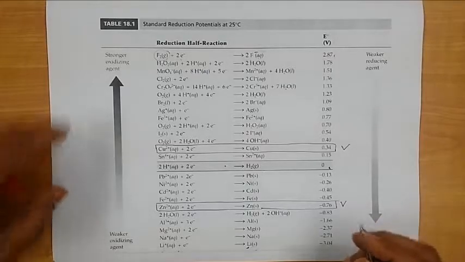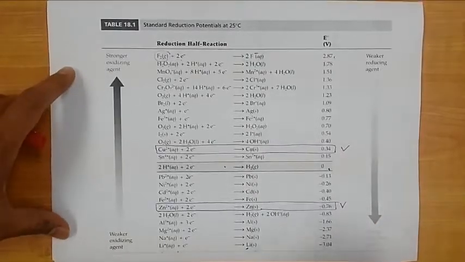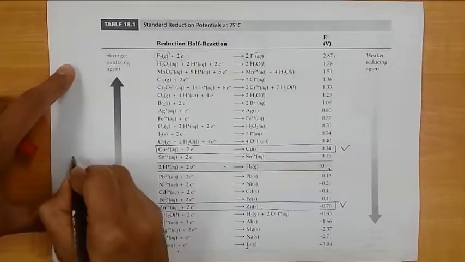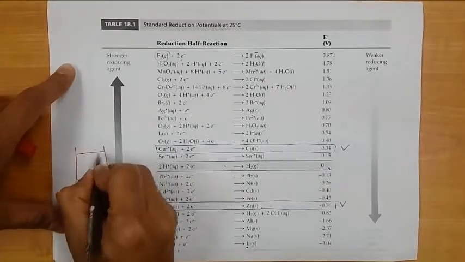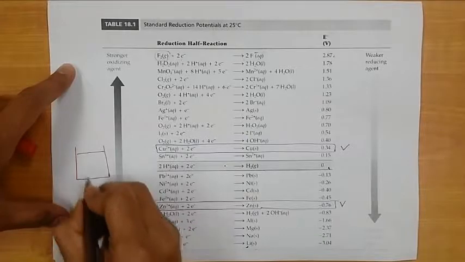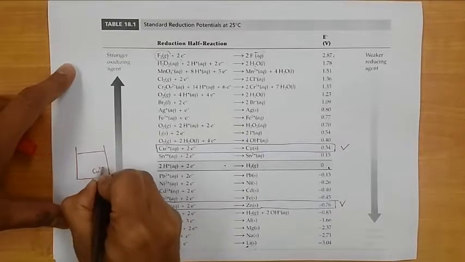So let's take this case. Case 1, where you have a container filled with electrolyte that has copper 2+ ions in it.